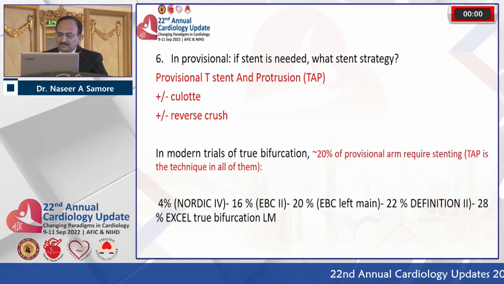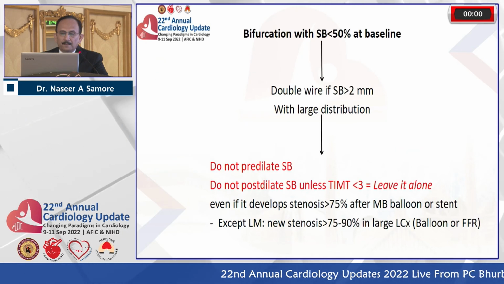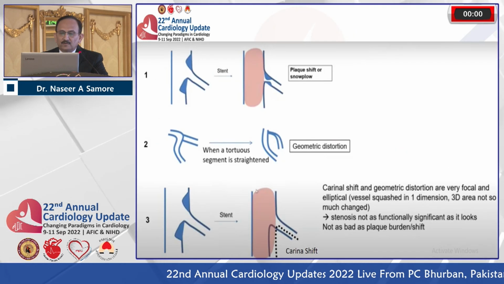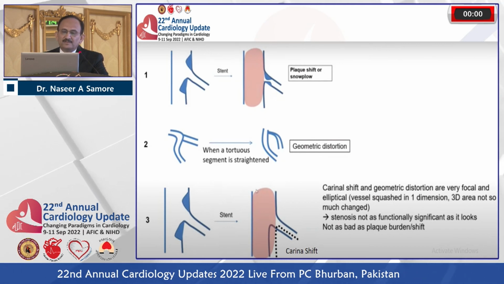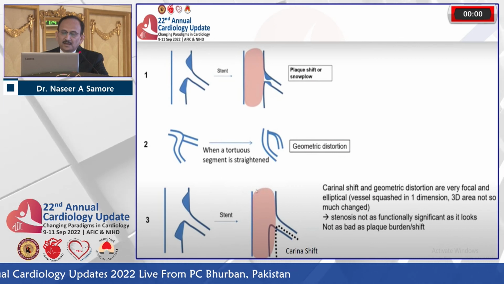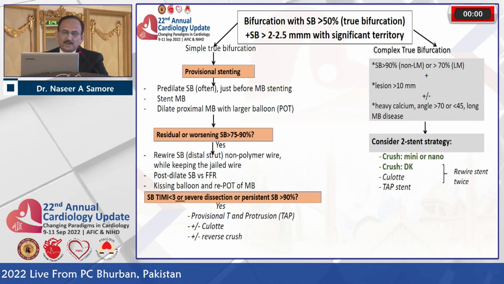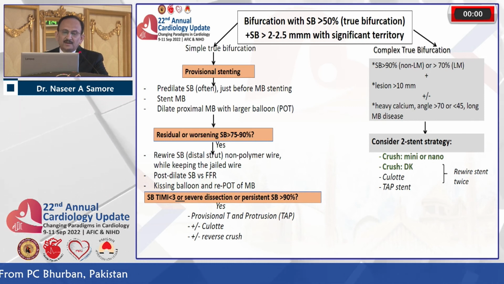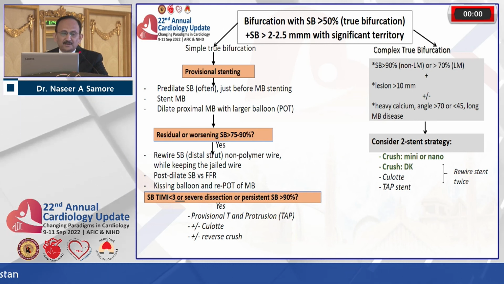So this we have just talked about, and this we have already discussed. These are the mechanisms of occlusion of the side branch, which are plaque shift, geometric distortion, and carina shift. And we have just talked about provisional stenting, the criteria for stenting as well as the technique.